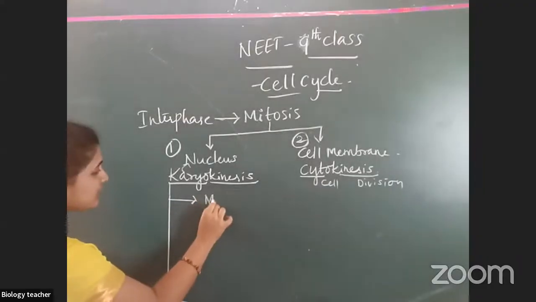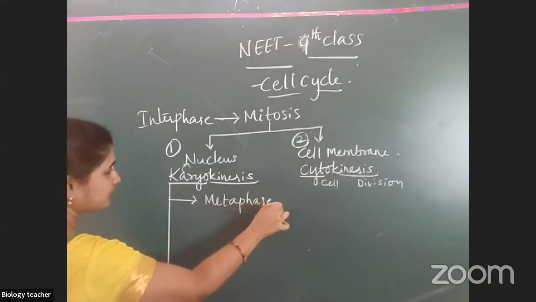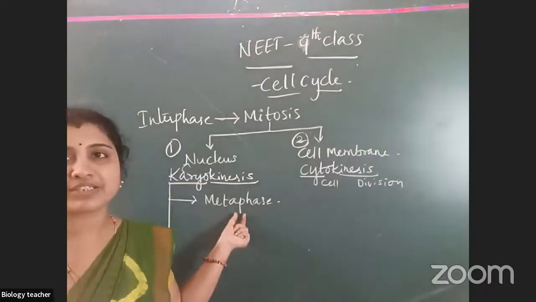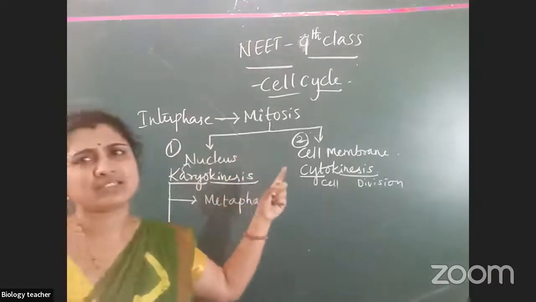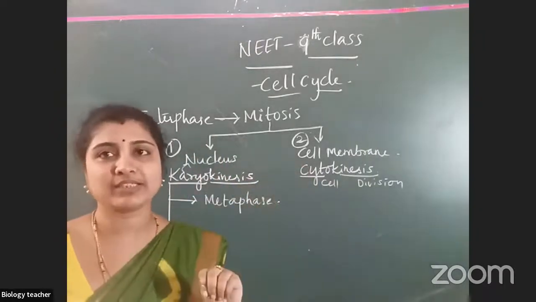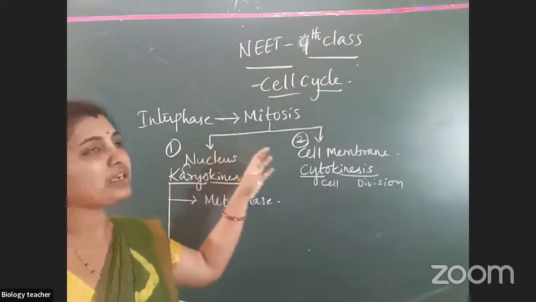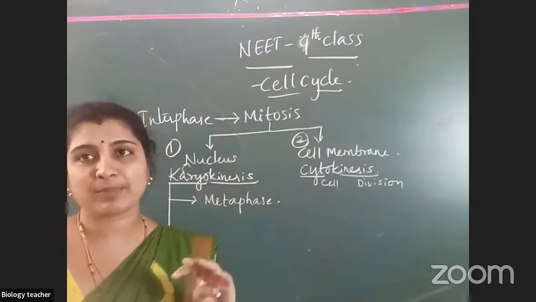The first stage is prophase. What is the first stage in karyokinesis? Prophase. So we can say that mitosis has four stages. But how many types of divisions are happening? Only at two places divisions are happening.